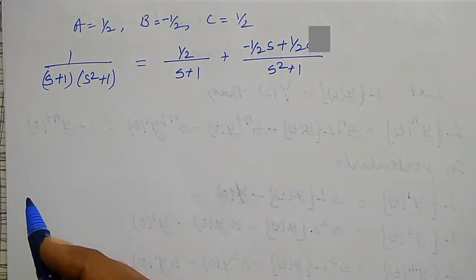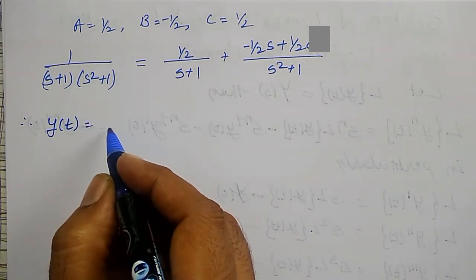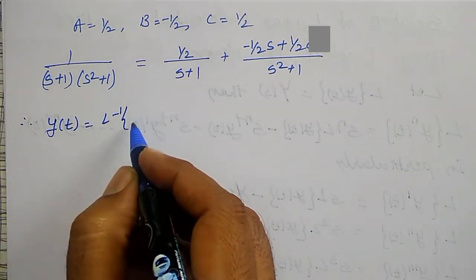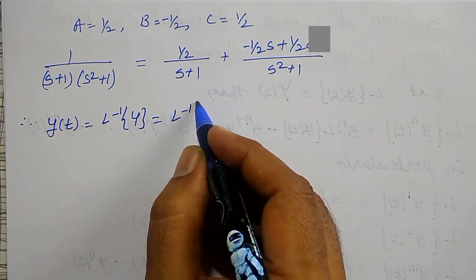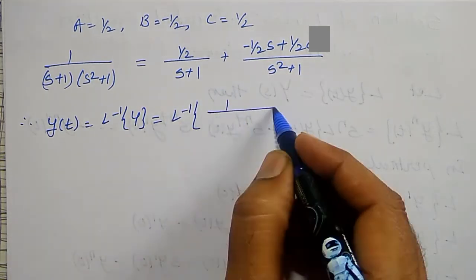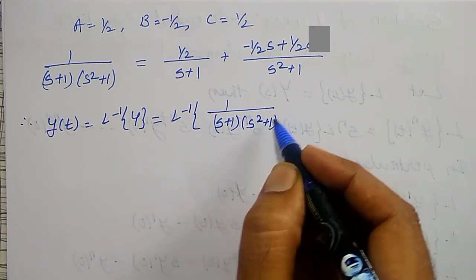Its inverse Laplace transform we have to find out. Therefore, y of t is equal to inverse Laplace transform of 1 divided by (s plus 1) into (s square plus 1).